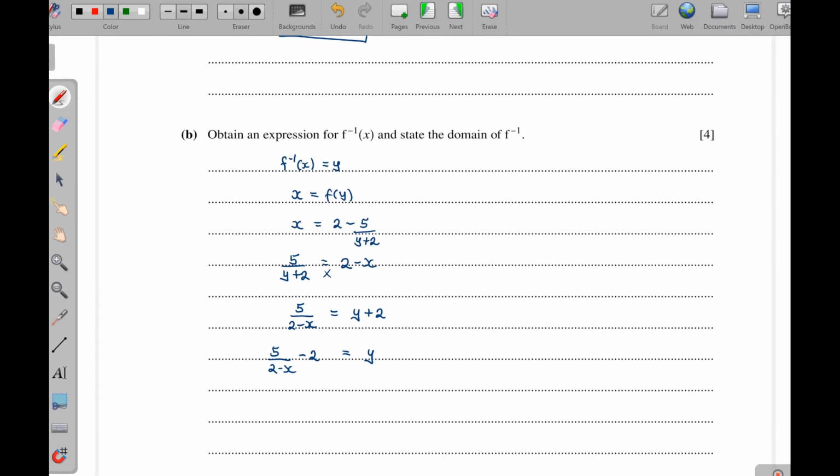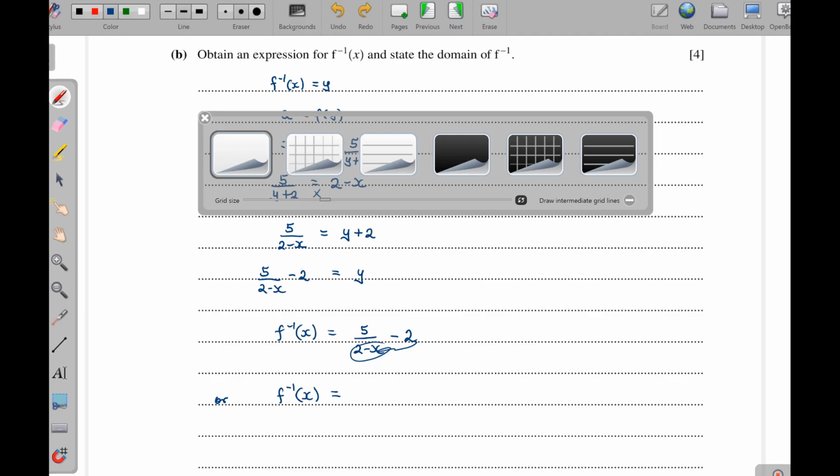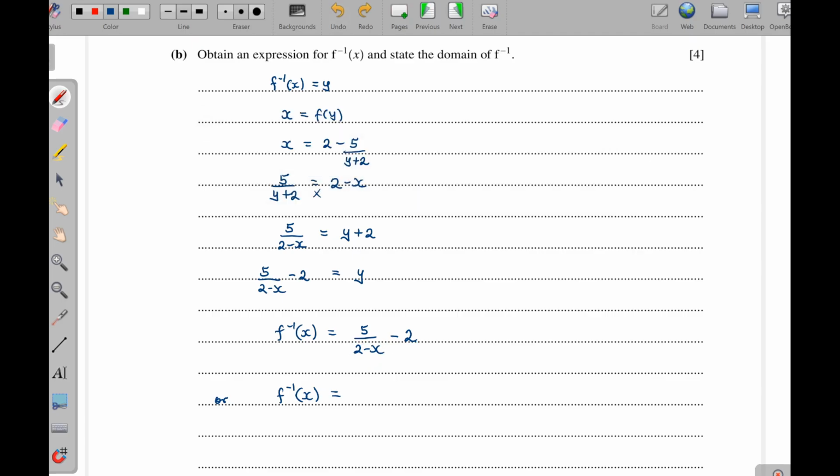So this simply implies that our inverse is going to be 5 over 2 minus x, then minus 2. Okay, that will be that. Alternatively, this inverse can be, get this one times this. You can have 5 minus 2 into 2 minus x, and the whole thing is out of 2 minus x.